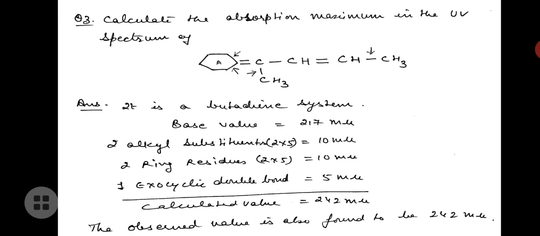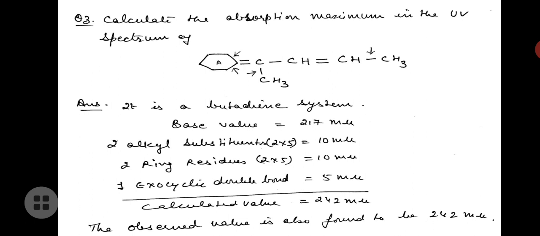For 1, the value is 5. So for 2, it becomes 2 into 5, that is equal to 10 millimicron. Now you can see two ring residues. They are also shown to you with arrows. So two ring residues, again 2 into 5, that is equal to 10 millimicron.